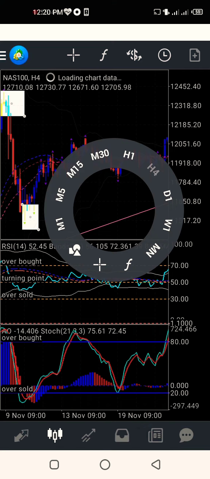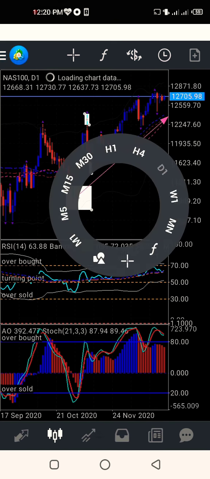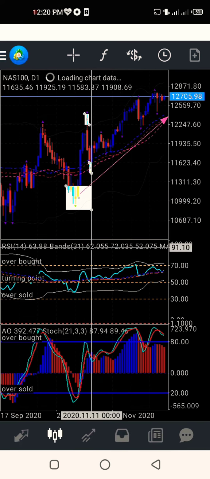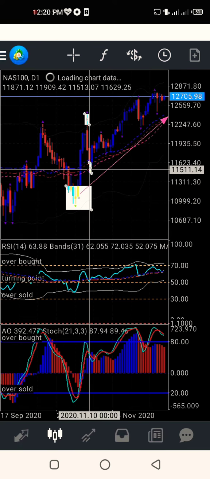Let's go to the daily time frame and see where the signal I marked actually occurred. As you can see here, it's a pullback. This is where the one that I marked in 1 hour occurred.